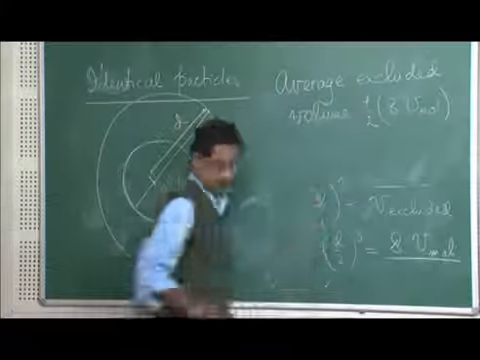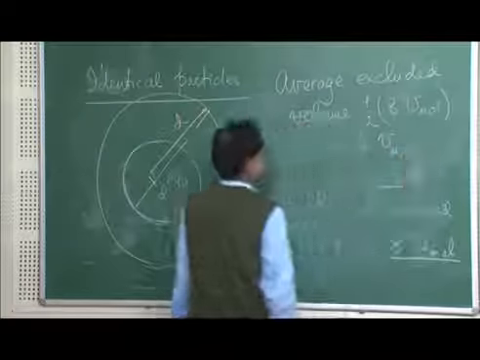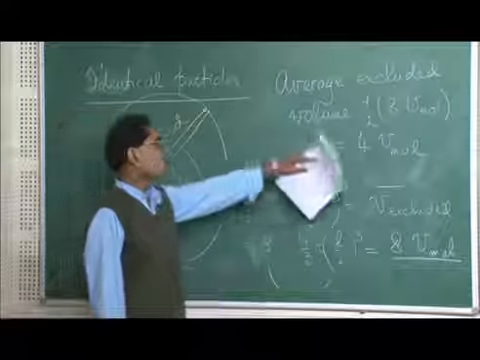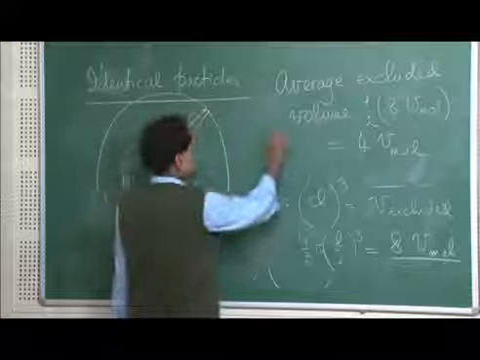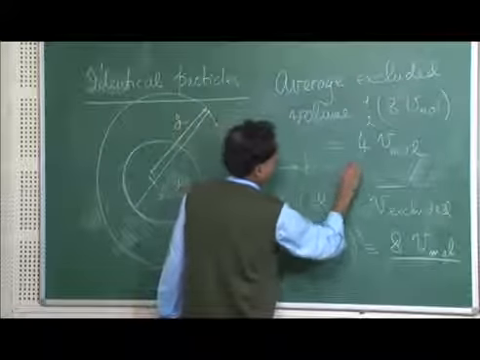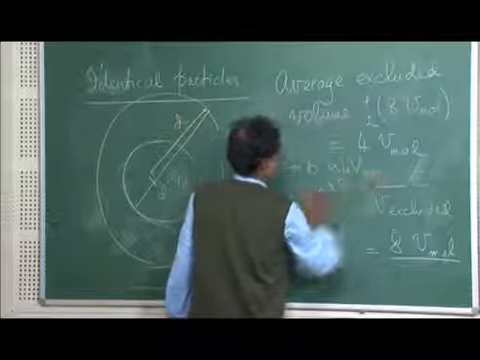which tells me that on an average the quantity B will be proportional to 4 times the volume of a molecule. So, I would rather write B is proportional to 4 times V molecule.